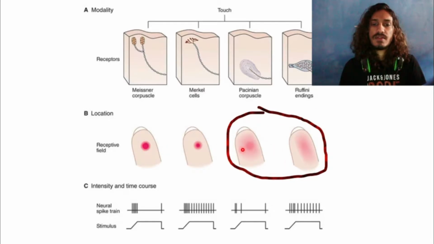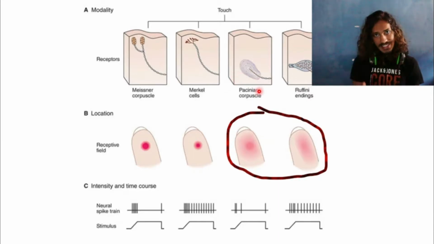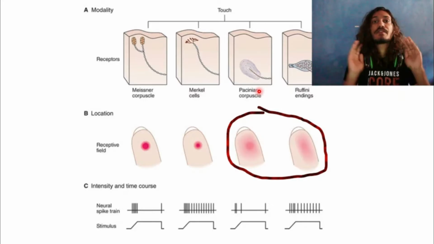Can you notice the difference? So what it means is this Pacinian corpuscle, which is lying deeper, can detect a larger area of movement. So one receptor detects a larger field.